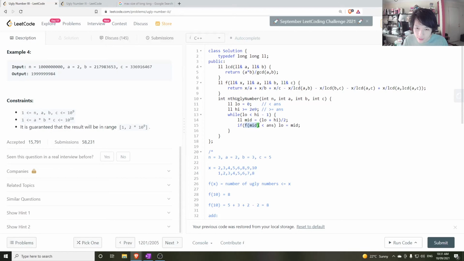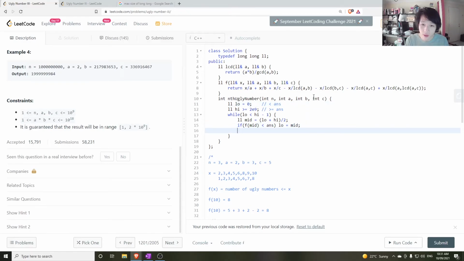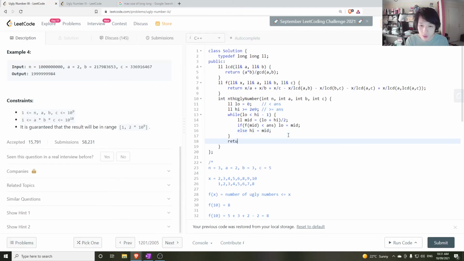Mid is something that low could be, because mid is less than the answer. Otherwise, high is equal to mid. Otherwise, high would fit this invariant here perfectly as well. And at the end, we just return answer.